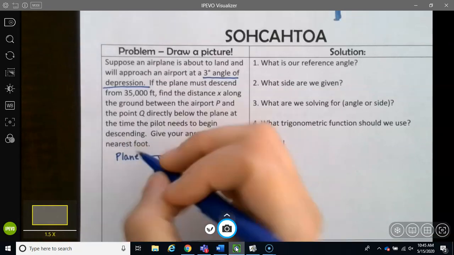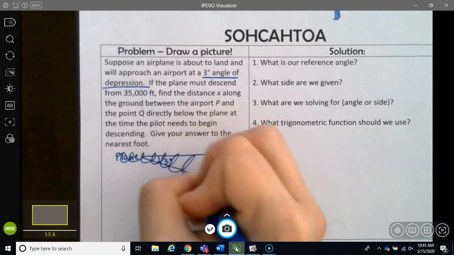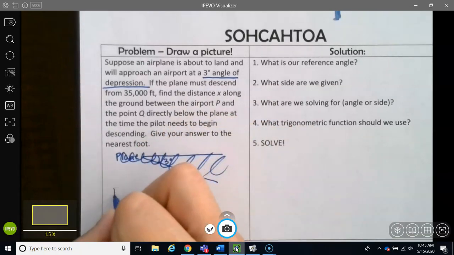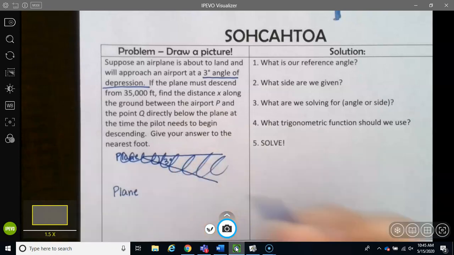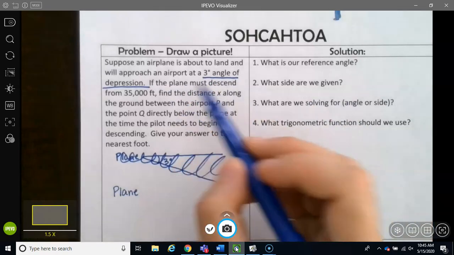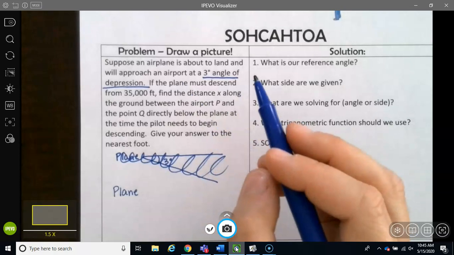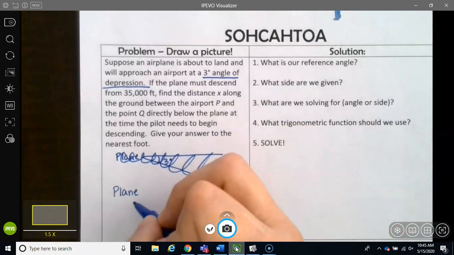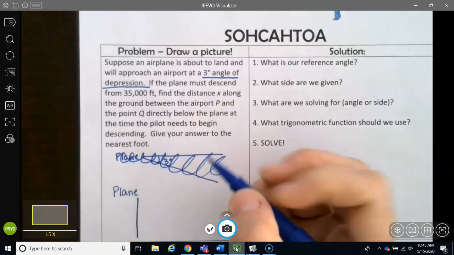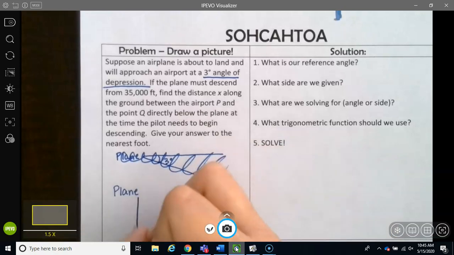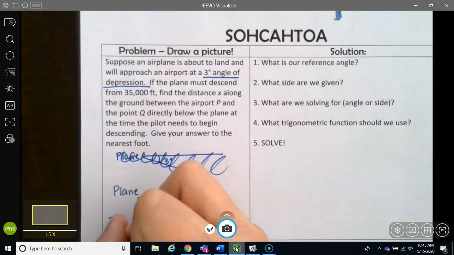I might have drawn this figure wrong. So let's think plane. The plane is 35,000 feet above the ground, so going straight below the plane to the ground, this would be 35,000 feet.